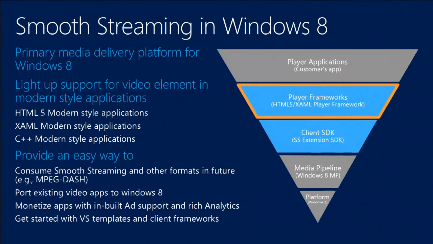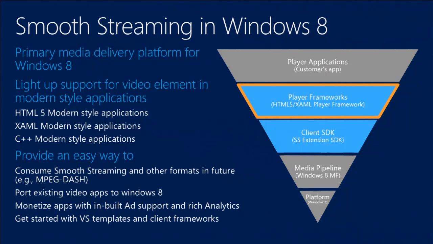So we provide the blue boxes as download. Of course, you have the platform and the media pipeline, which is part of Windows 8. The client SDK, you can download it from the web. It brings Smooth Streaming and DASH to Windows 8 for your application.